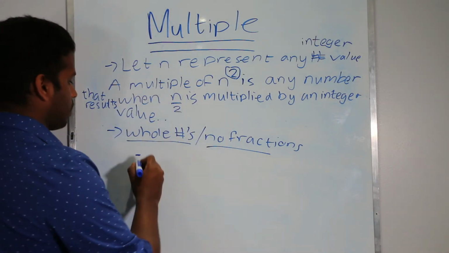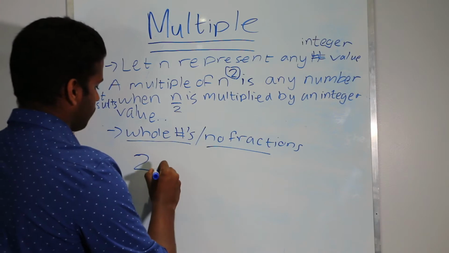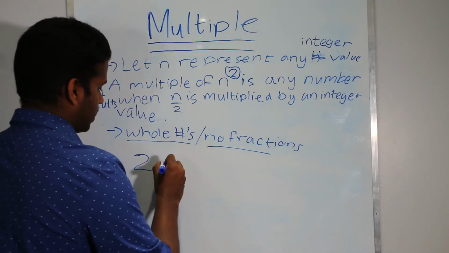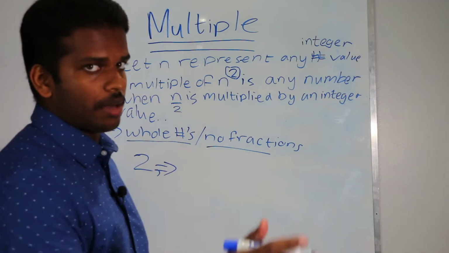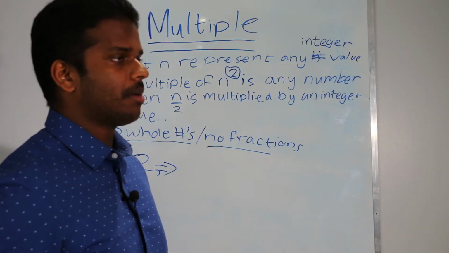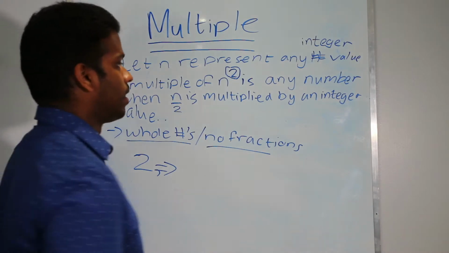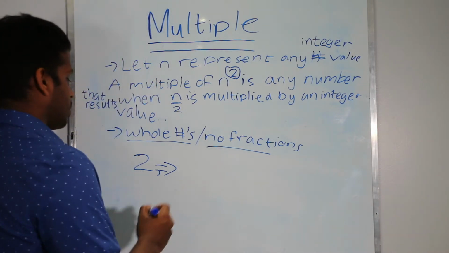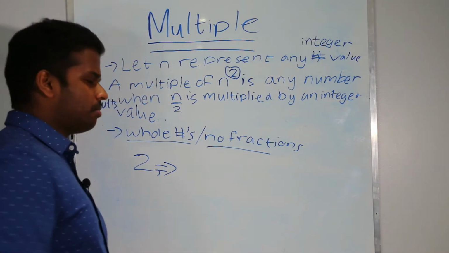So let's take a look. For example, multiples of 2. And 0 is a multiple of all numbers, because any number times 0 gives you 0. I want to make that clear, because a lot of people forget that. So what are multiples of 2?